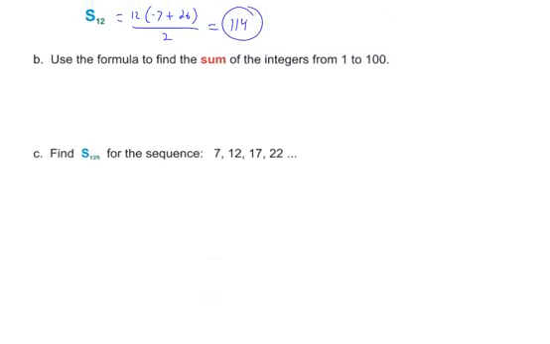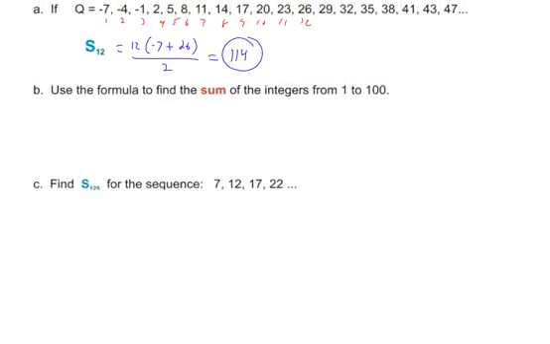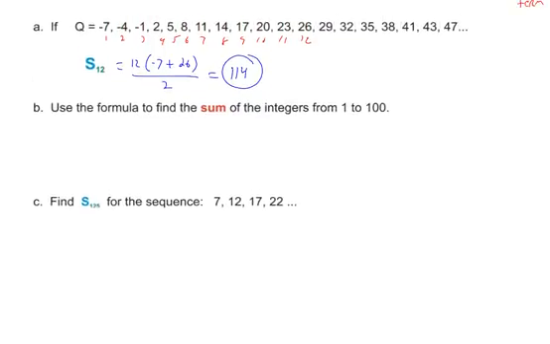All right, so that's the situation. Use the formula to find the sum of the integers from 1 to 100. So this is a different sequence. But again, if you use this first formula, it's pretty simplistic.